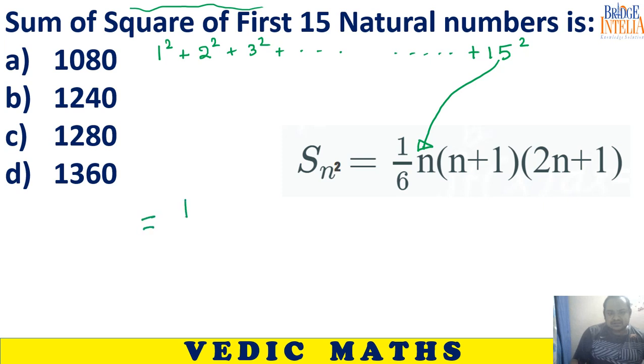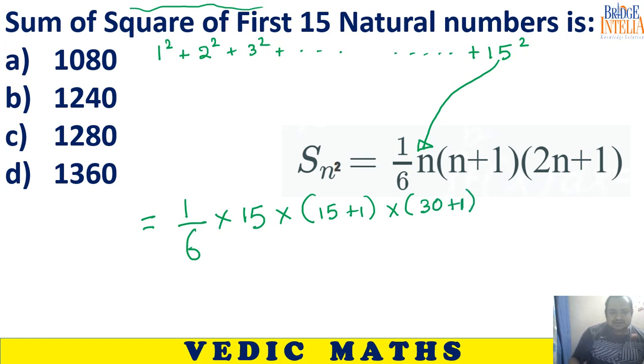So 1 by 6 into, in place of n, we write 15, into 15 plus 1, into 2 into 15, that is 30, 30 plus 1. So this comes out to be 1 by 6 into 15 into 16 into 31.